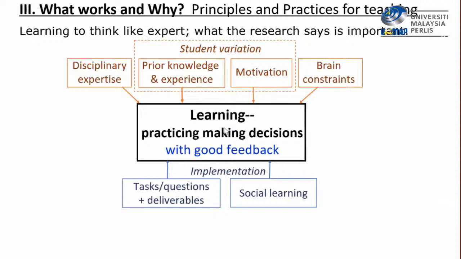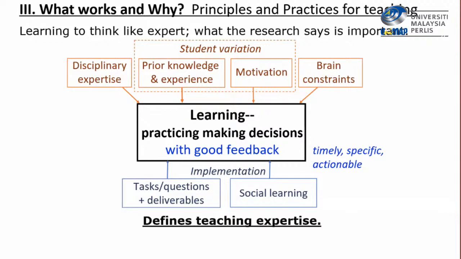And the key, of course, as I said, is that the students are practicing making meaningful problem-solving decisions with good feedback that's timely and specific and actionable, guiding them how to improve. But there are a lot of things that matter in terms of making this highly effective, just like in any area of science, there are lots of important factors.